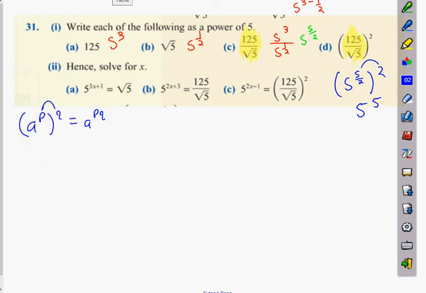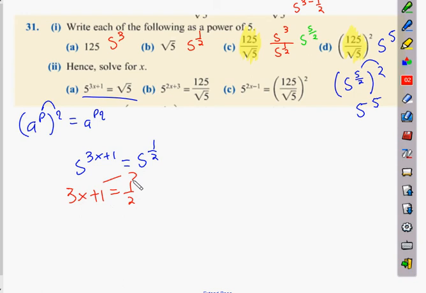Okay? Now we're at the stage where we have all the answers, and all we need to do is just use them. So, first question, guys. 5 to the power of 3x plus 1 equals root 5. Root 5 is 5 to the power of a half. All we have to solve now is 3x plus 1 equals a half. Bring over the 1. What's a half minus 1?